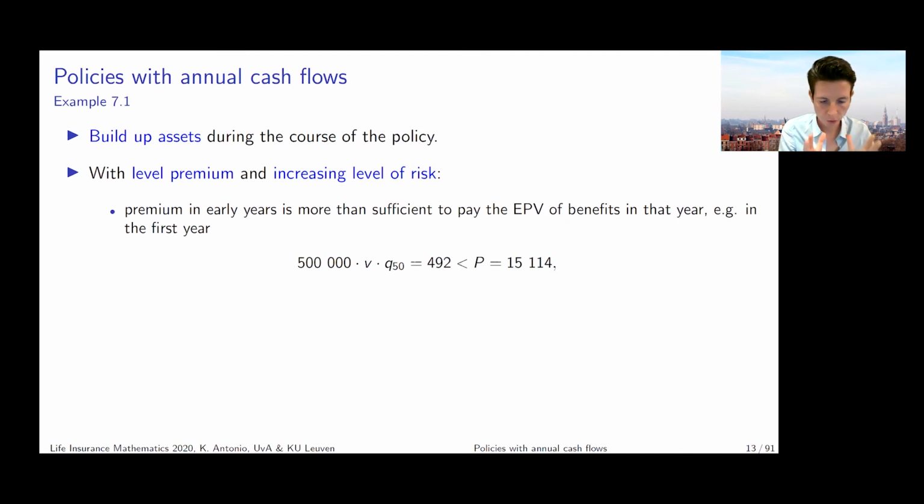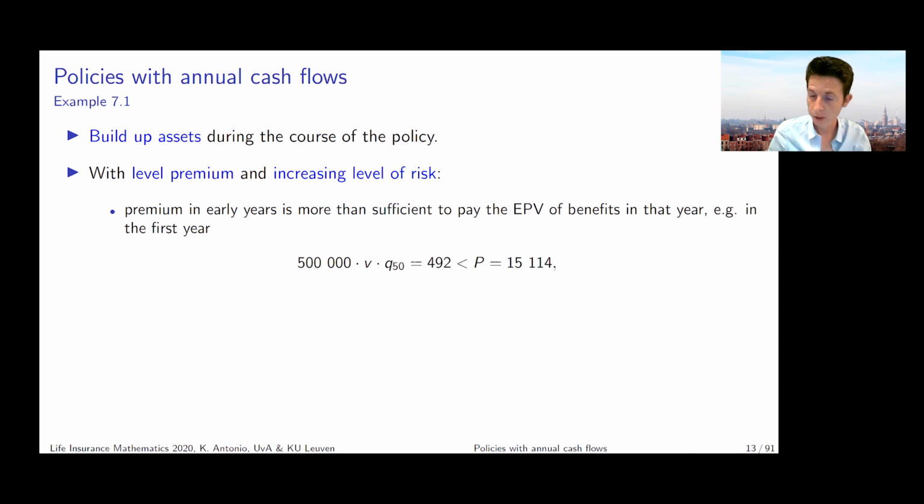So in fact, in this first year, I'm charging a cover that is worth, in terms of EPV, 492 euros. That's what I offer in the first year of this contract. But in reality, I charge a premium equal to 15,114 for this cover.